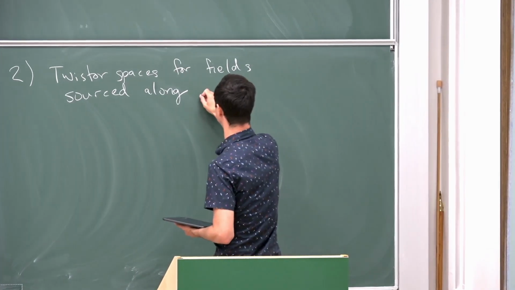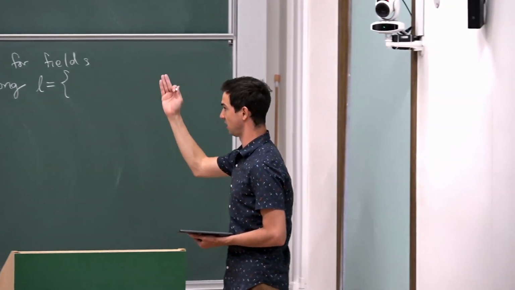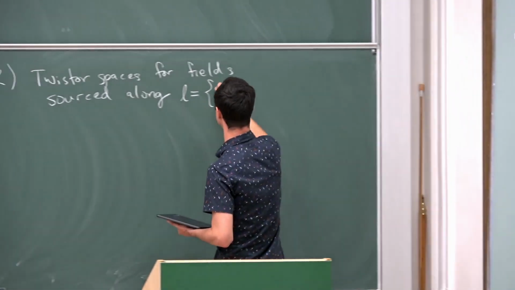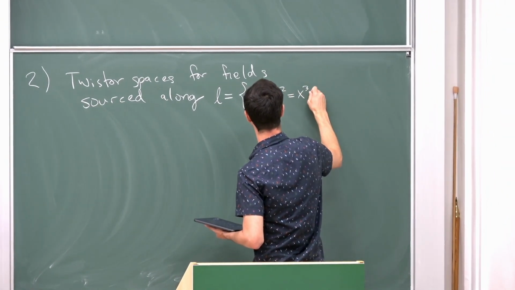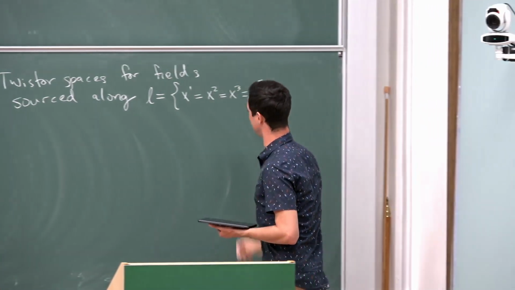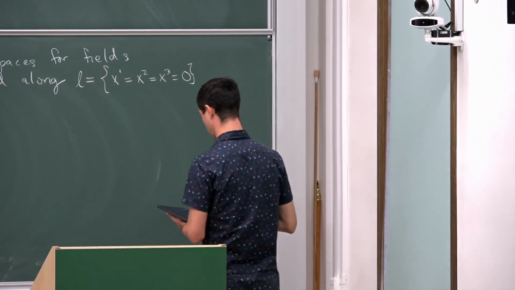And I'm going to imagine my line defect is placed at some point, let's call it x1 equals x2 equals x3 equals 0. So the origin in R3 and extended along x4.